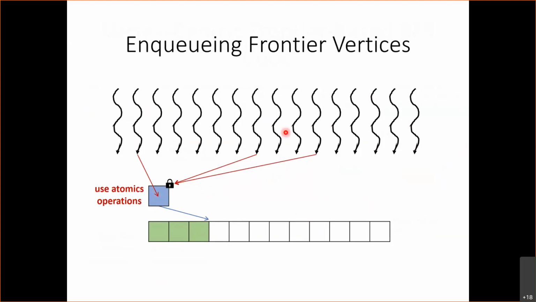If all these threads are atomically incrementing this counter, these operations will get serialized, right? These threads are contending on this atomic operation. So how did we deal with contention of atomic operations before? Privatization. Privatization, yes. So can we apply privatization here somehow?